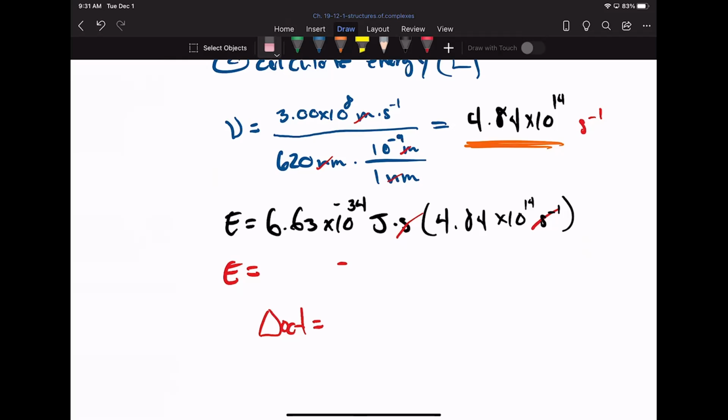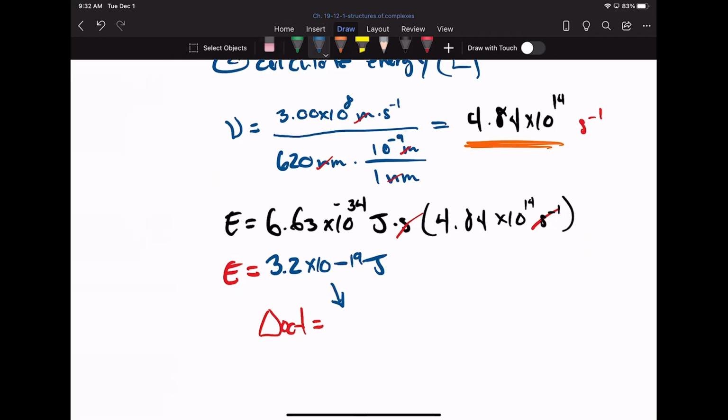I just got 3.2 as well. I got 6.63 times 10 to the -34 times 4.84 times 10 to the 14, and I get 3.2. Oh, that's an 8, I put a 0. Gotcha. There we go. So 3.2 times 10 to the -19, and this would just be in joules. So that is our answer here. That is our splitting there.